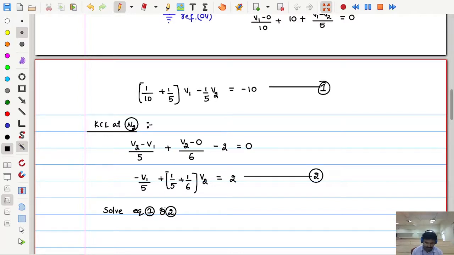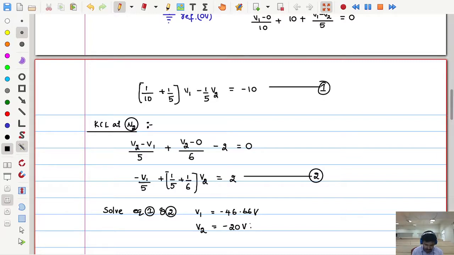So what I get here is that V1 is equal to minus 46.66 volts, and similarly V2 is minus 20 volts.